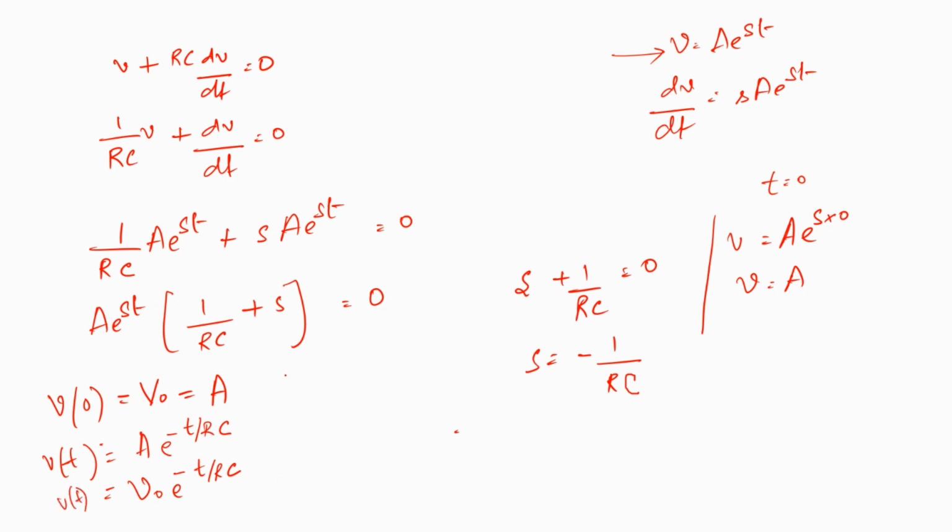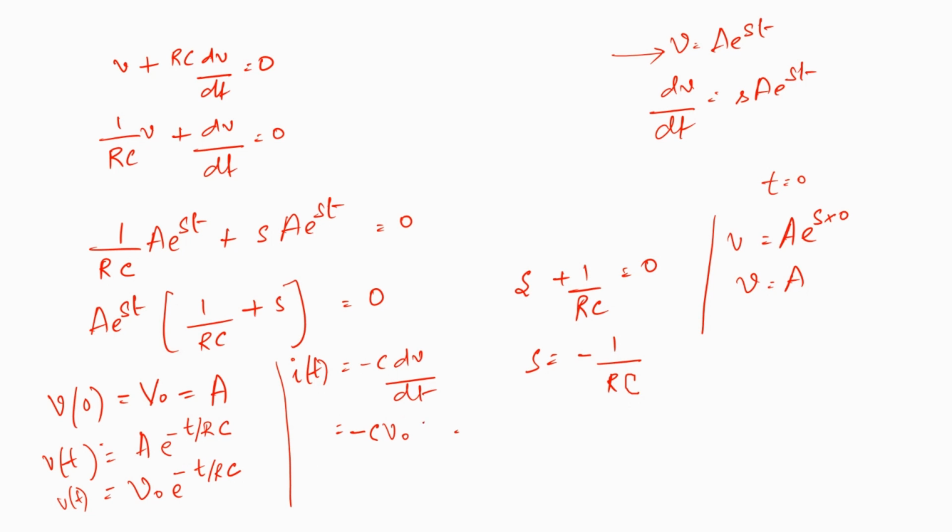From this, I can obtain I, or rather I of t, which is minus C dV by dt. So when I perform that differentiation of V, what I get here is, this is constant, V naught remains, and I have e power minus t by RC.